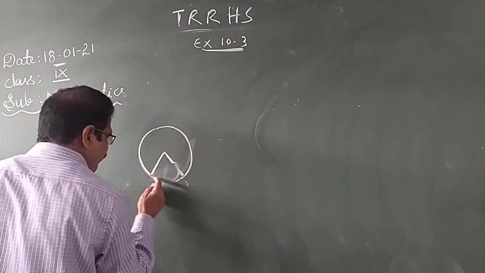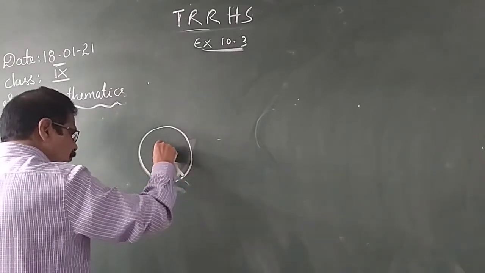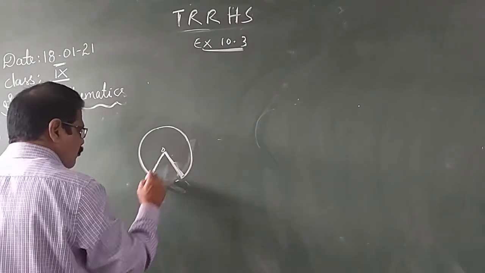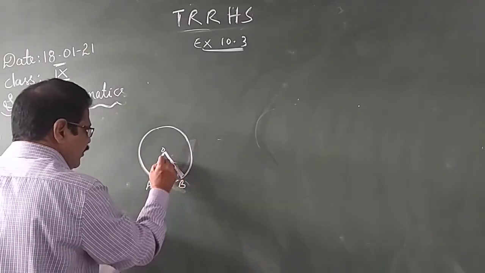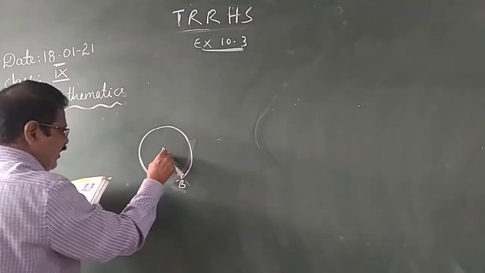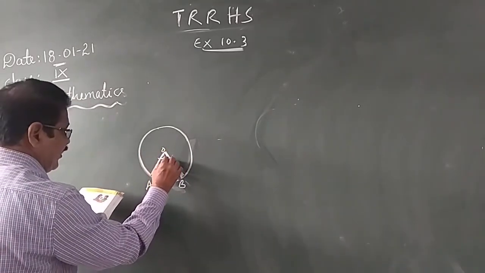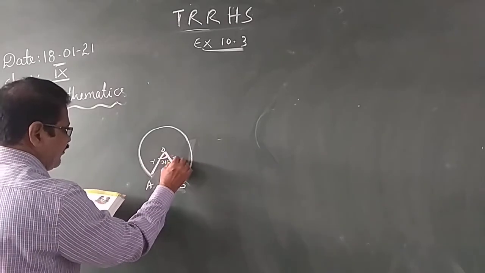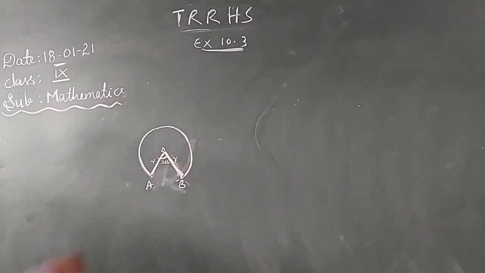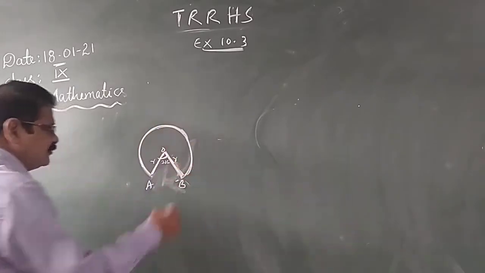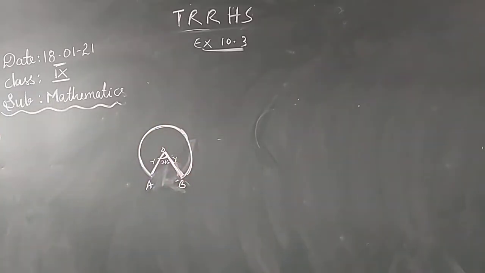The sector is formed here, OAB. The angle subtended at the center of the sector is 260 degrees. This is the radius. This is the arc, the length of the arc of the sector.